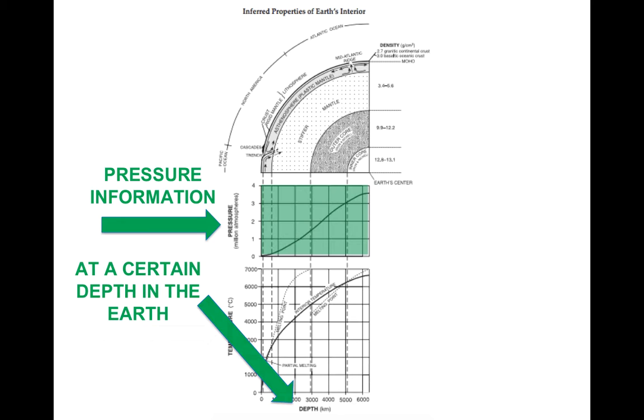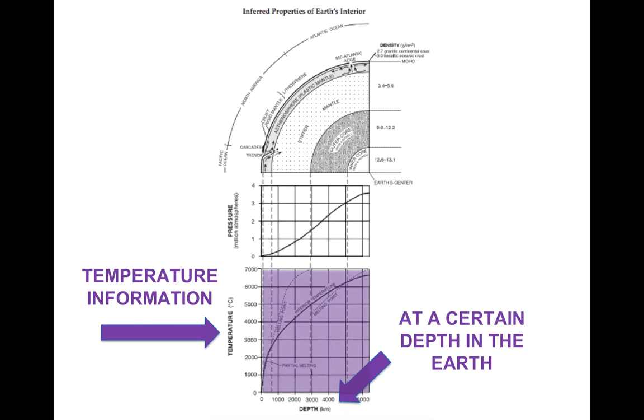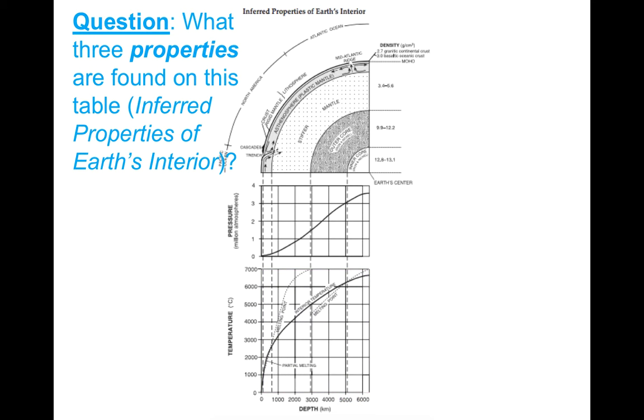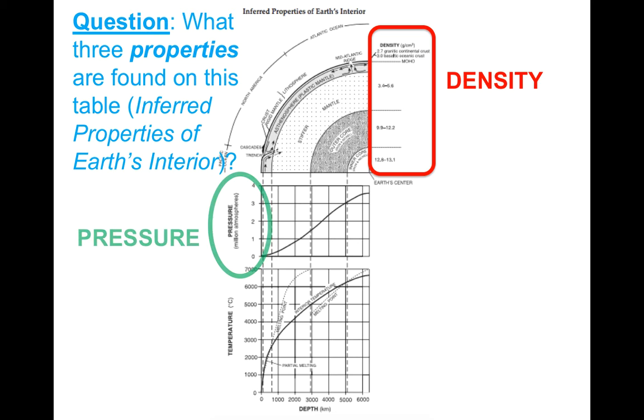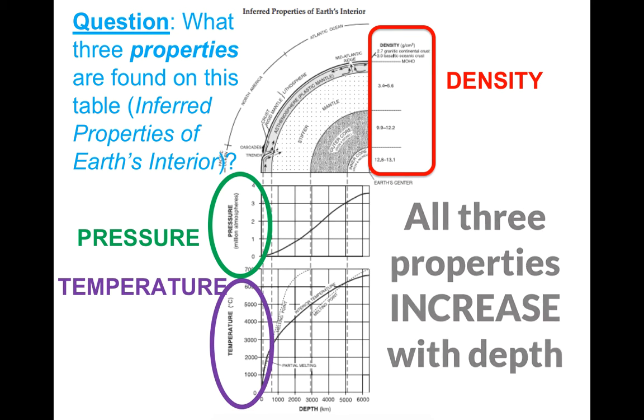So it's its own separate graph showing that at depth the pressure increases. And the temperature is this third part of it, with temperature and depth increasing as you go deeper into the Earth. So the properties that you see are 3: density, pressure, and temperature.